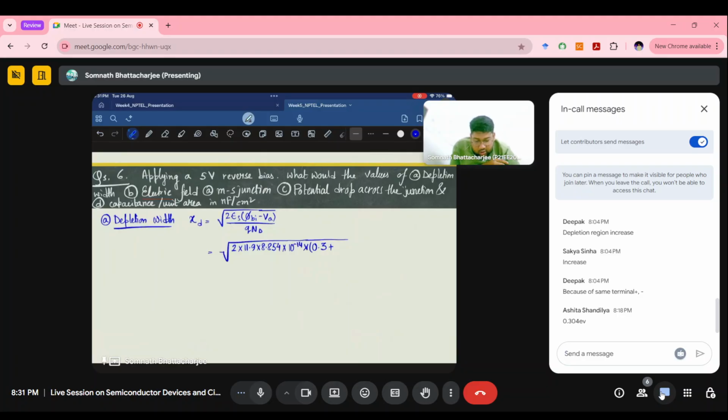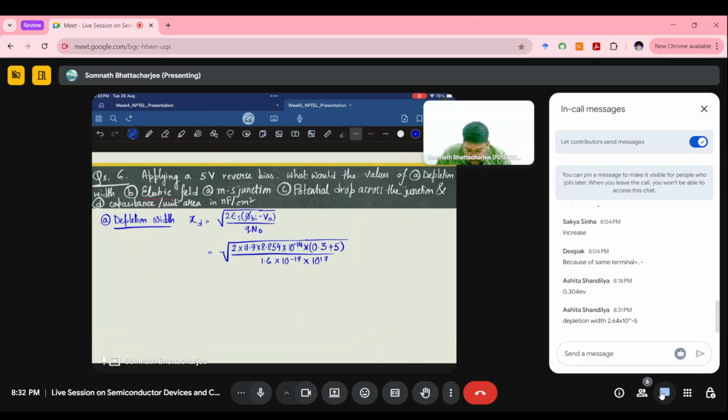I don't think it would have much higher effect. And it would be plus because it is a reverse bias. That's why minus of minus 5, and this one is 1.6 times 10 to the power of minus 19 multiplied by 10 to the power of 17. Let's just put the values here.